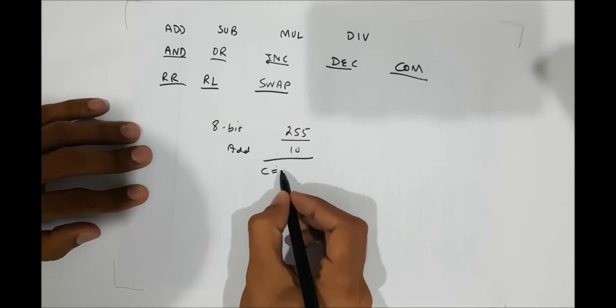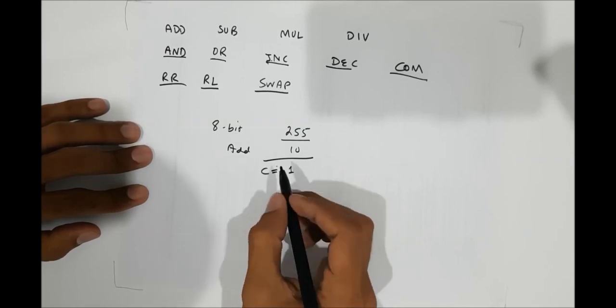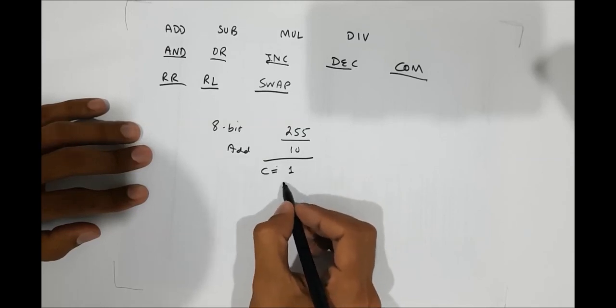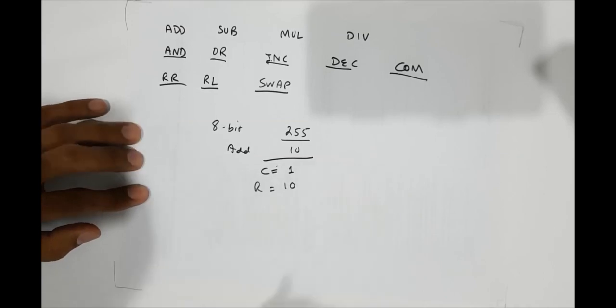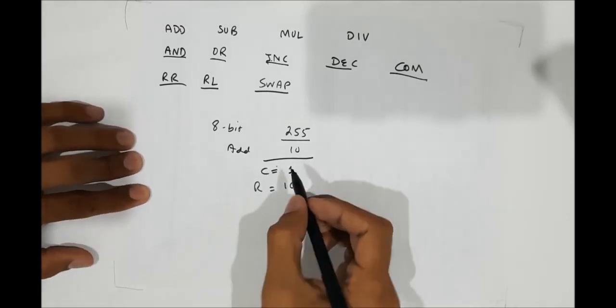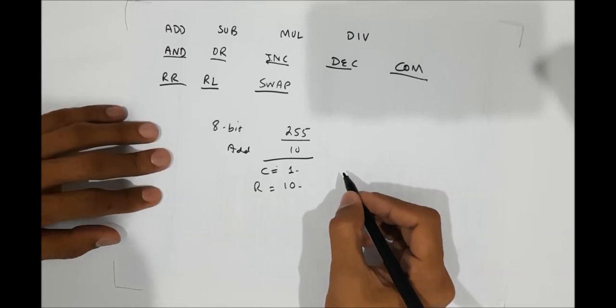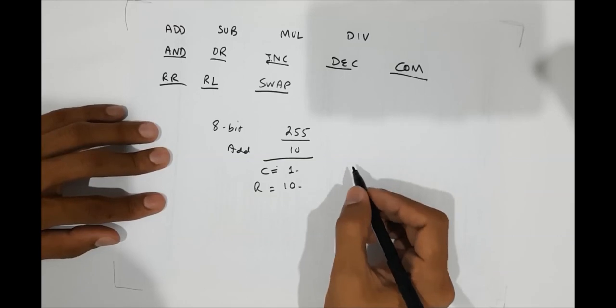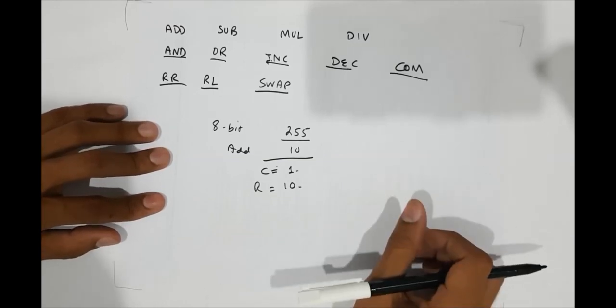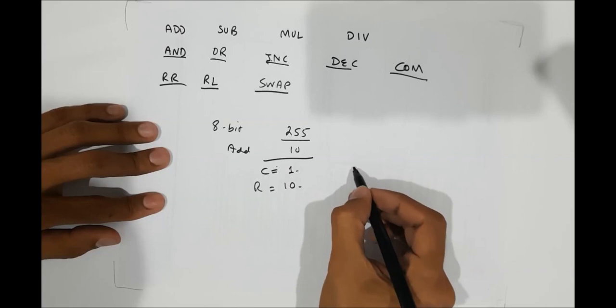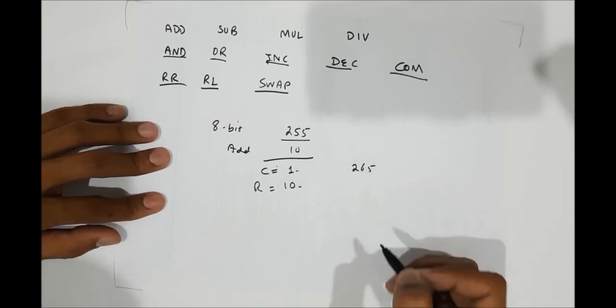So the carry will become 1 and the register value will become 10. Now if we concatenate this carry with the 8-bit register, that total 9-bit number will be equal to 265.